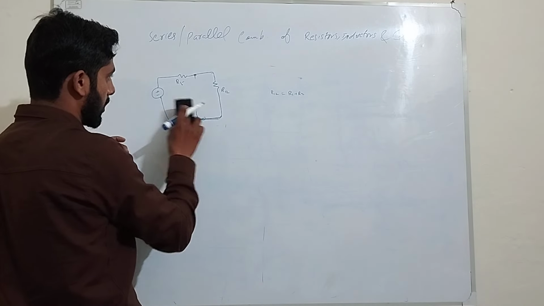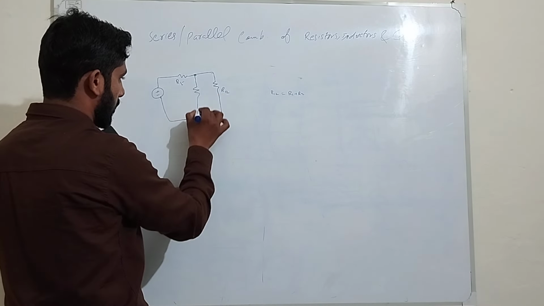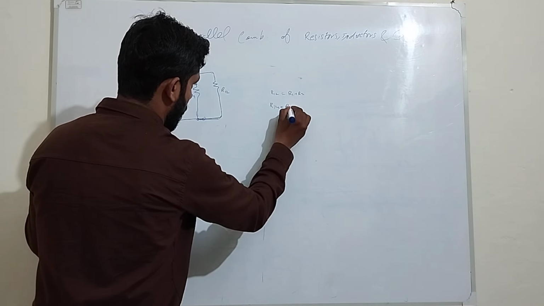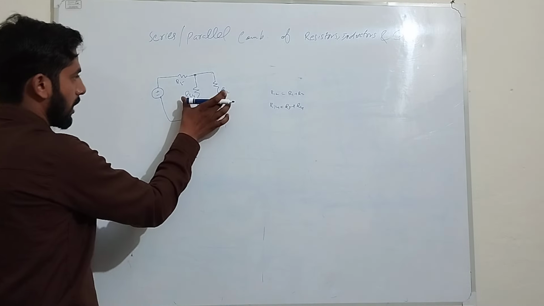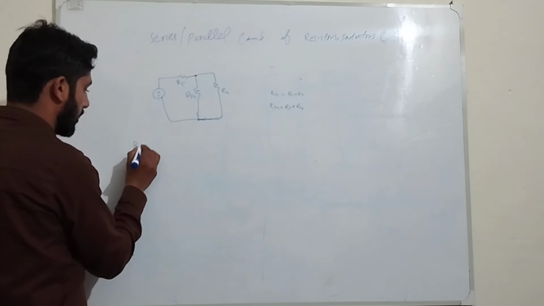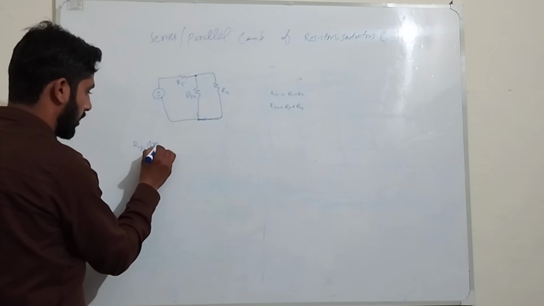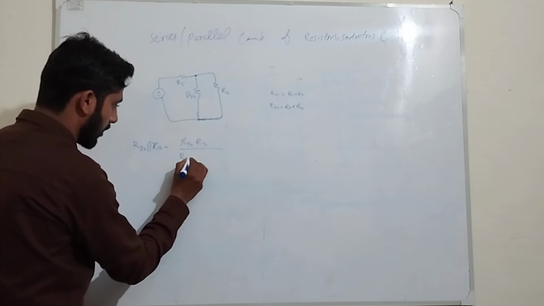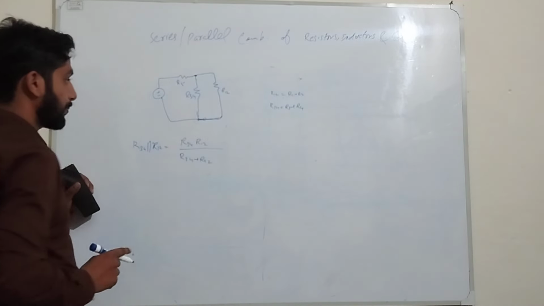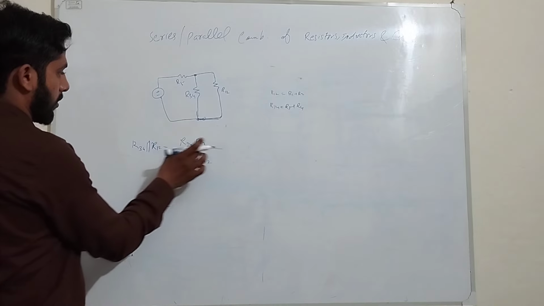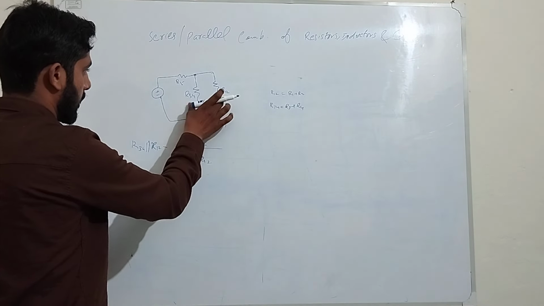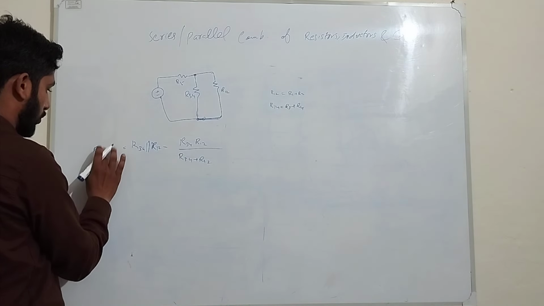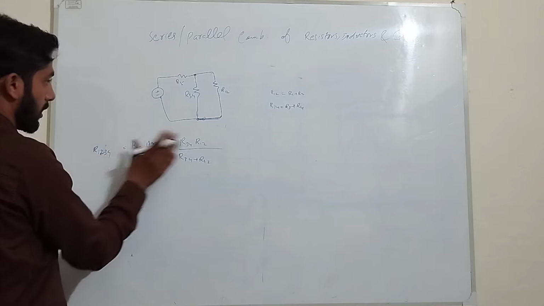So rename it in series, that will be here R34. R34 will be equal to R3 plus R4. So R34 and R12 will be in parallel. R34 in parallel with R12 will be equal to R34 R12 divided by R34 plus R12. So you can rename their parallel combination R1234.